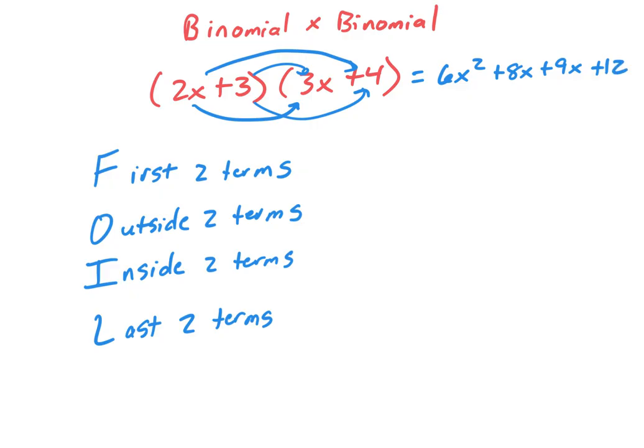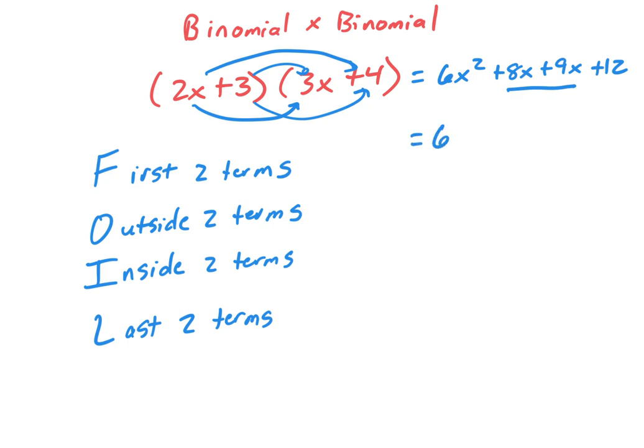Now, before we identify our answer, we always want to look at what we get after we multiply and see if there's anything that we can combine together. Are there any like terms in that polynomial? Yeah. We can combine the two middle terms together, and especially when I do FOIL, a lot of times that will be the case where we can combine the 8x and the 9x together.